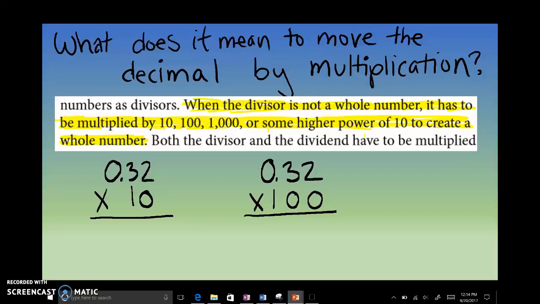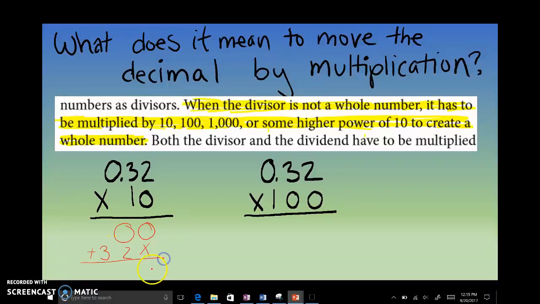So let's think. If we were going to multiply 32 hundredths by 10, we would do 0 times 2 is 0, 0 times 3 is 0. Then we'd go to our next row. Because it's the second number, 1 is our second number, we need a placeholder. And then 1 times 2 is 2, 1 times 3 is 3.